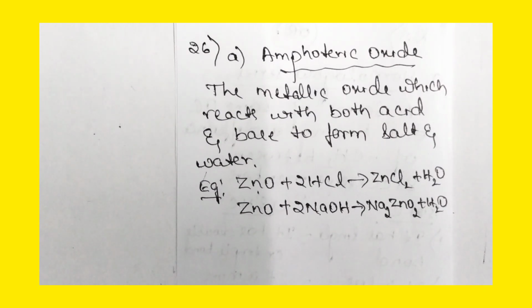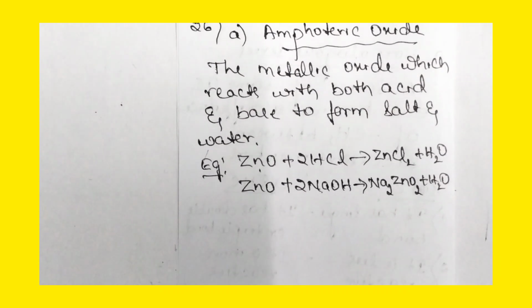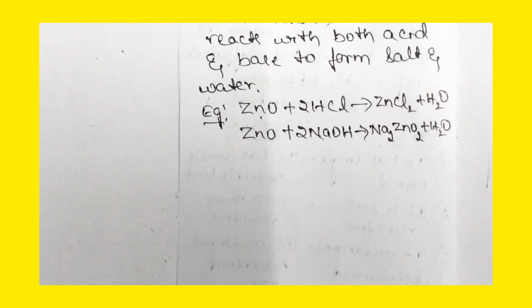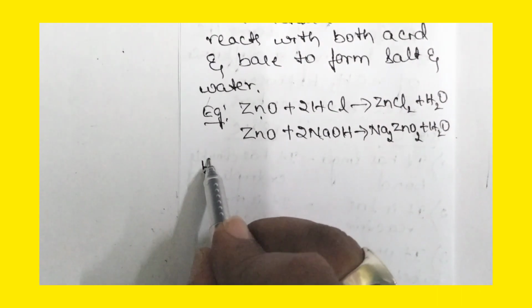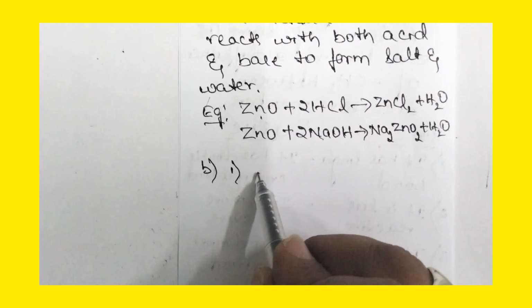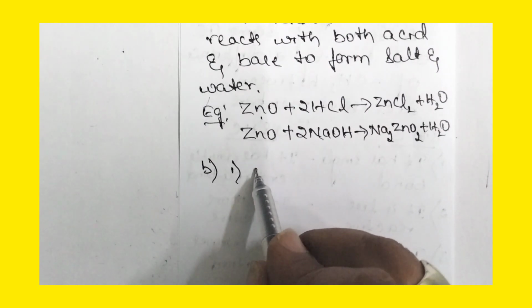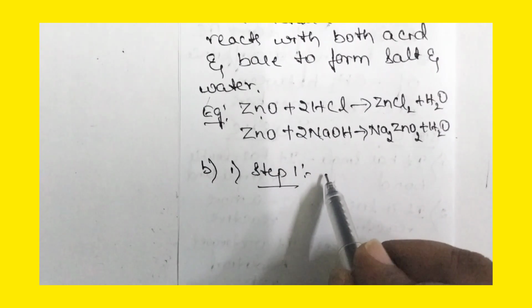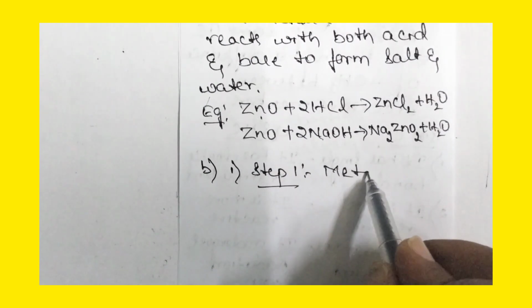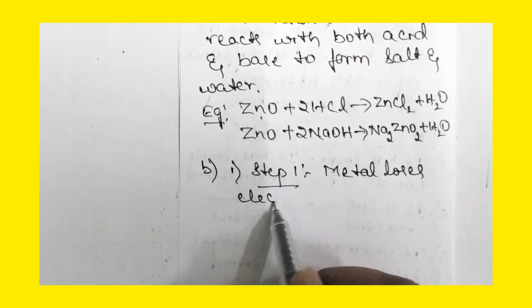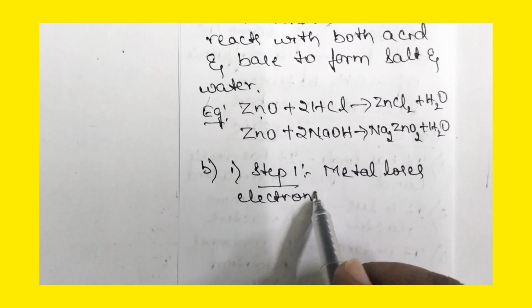Now along with this question, one more question is asked, that is formation of magnesium chloride. We have to write it by electron dot structure. In that one, formation of magnesium chloride, which is an ionic compound, includes 3 steps. Step number 1, metal loses electrons.